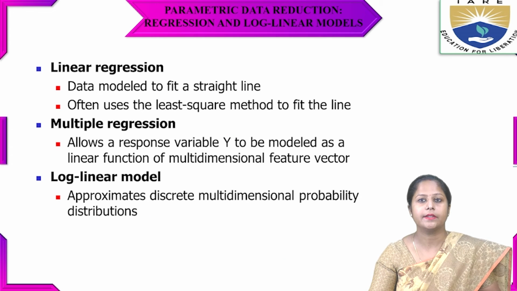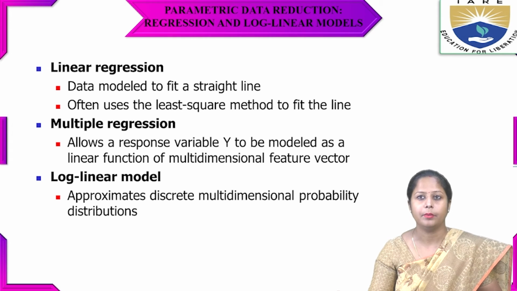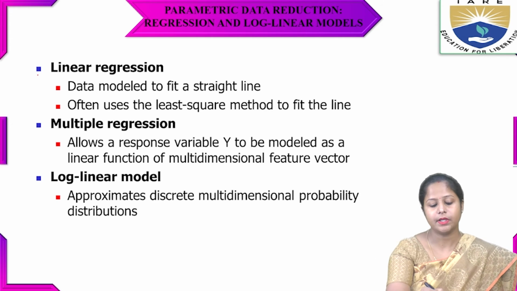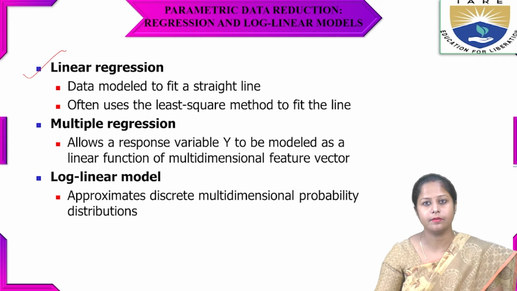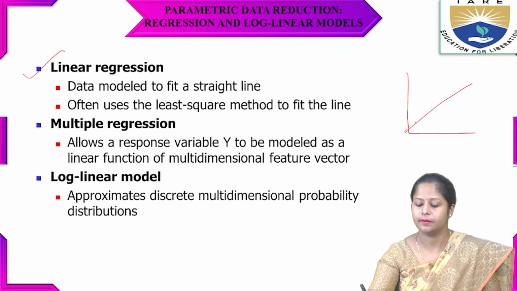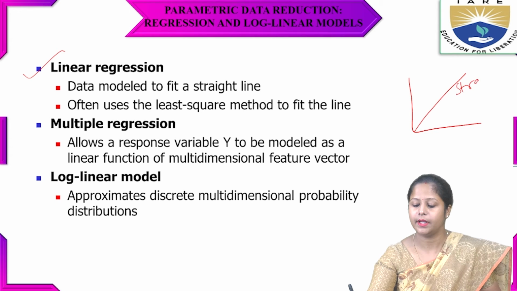So parametric data reduction uses regression and log linear methods. What are these? These are linear regression, multiple regression and log linear models. First one is the linear regression model. In data, it is a model to fit a straight line. If we have to fit the data in a straight line, that comes under linear regression.